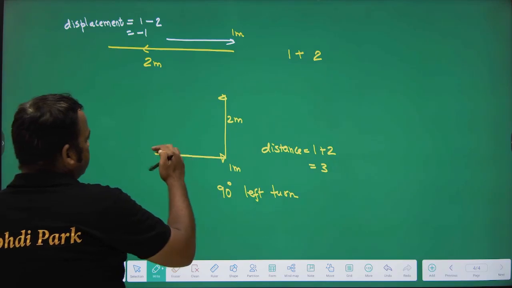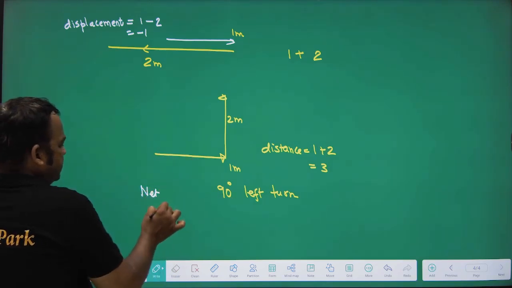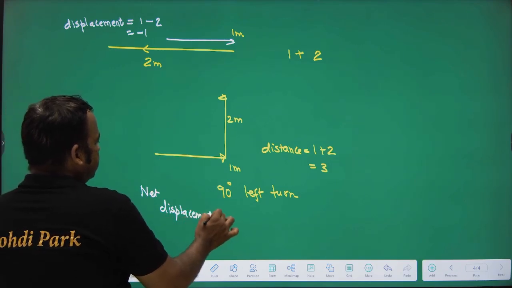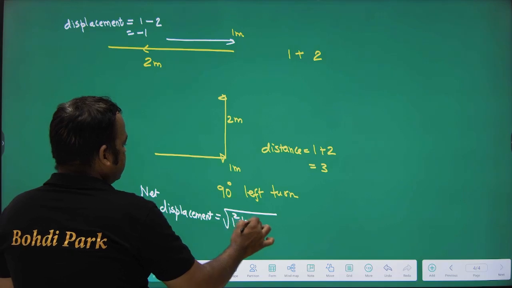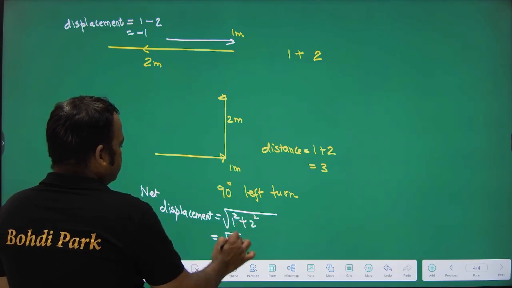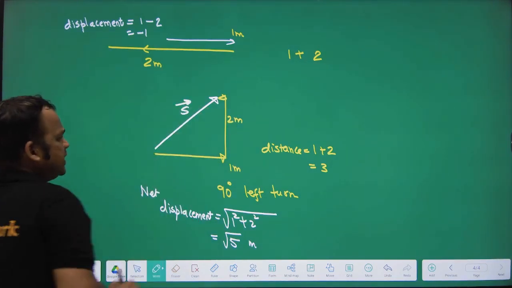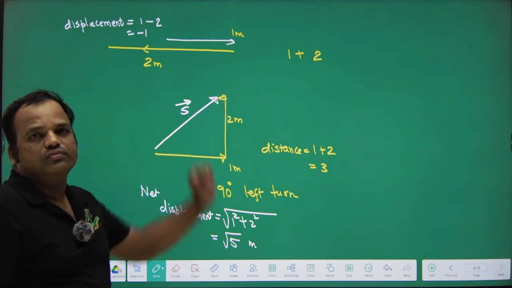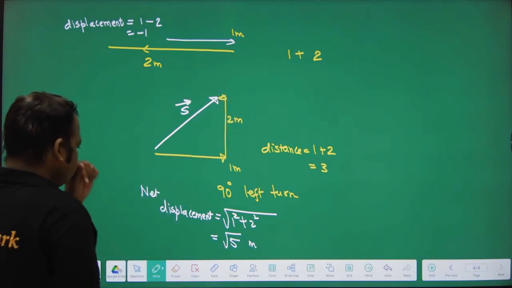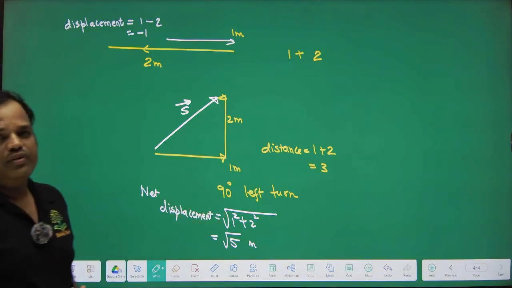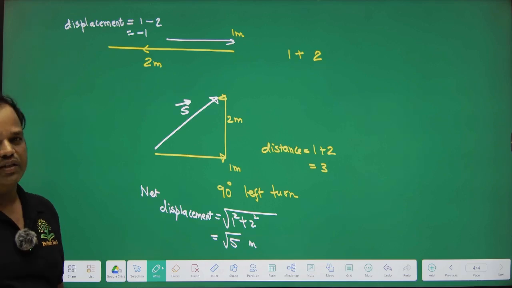In the 90-degree turn example, the net displacement will be square root of 1 square plus 2 square, so root 5 meter. This is the net displacement. But distance is 1 plus 2. So this is the example of straight line path.